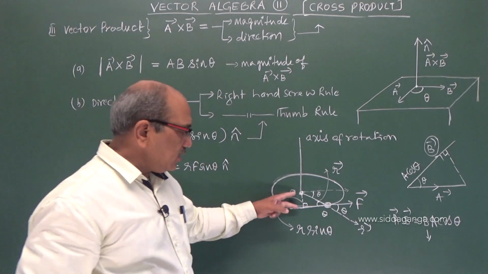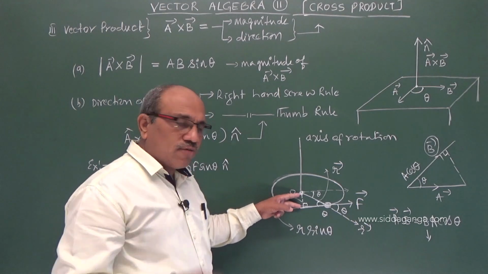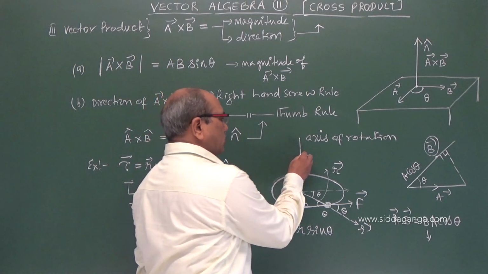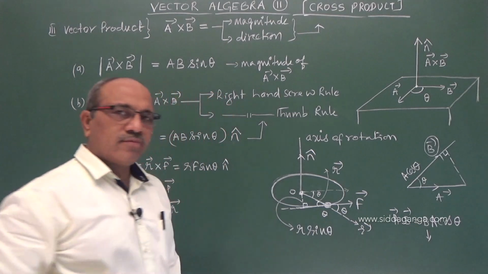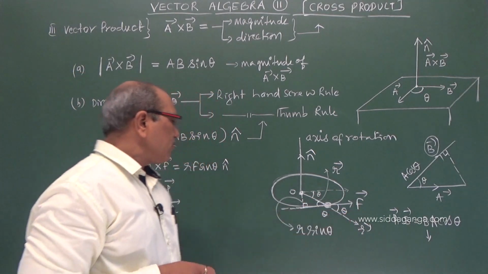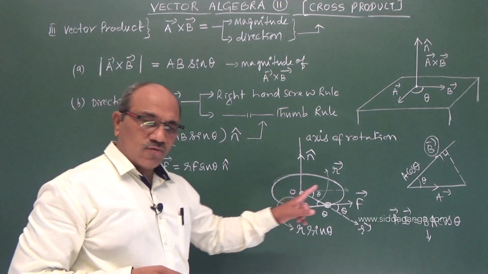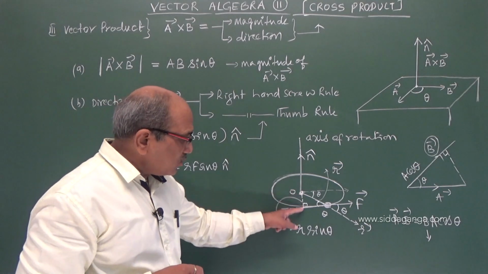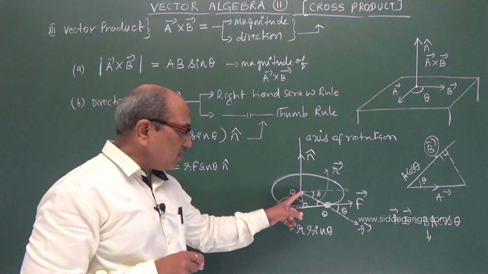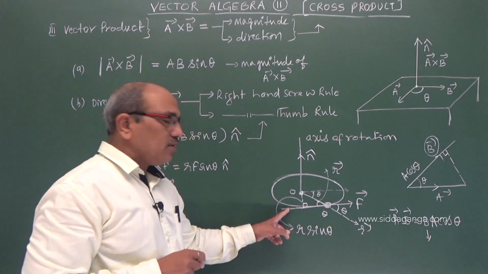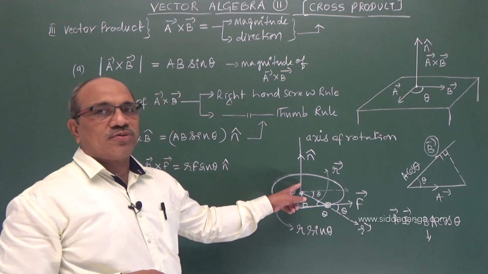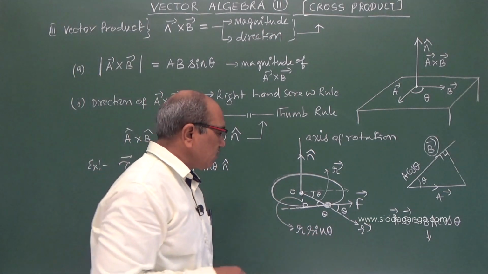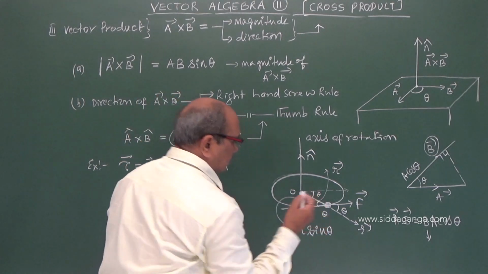I think you have followed. It is the perpendicular distance of the line of action of the force from the axis of rotation. This gives you the n direction, but the magnitude is F, one of the vectors, into the perpendicular distance r sin theta. So r sin theta into F, rF sin theta, we got here.